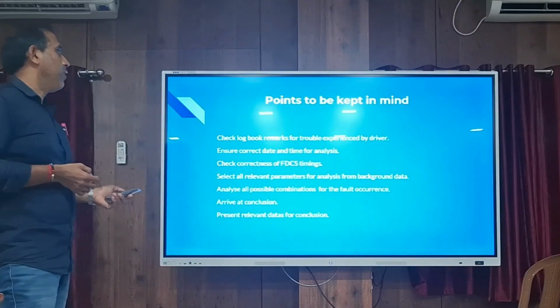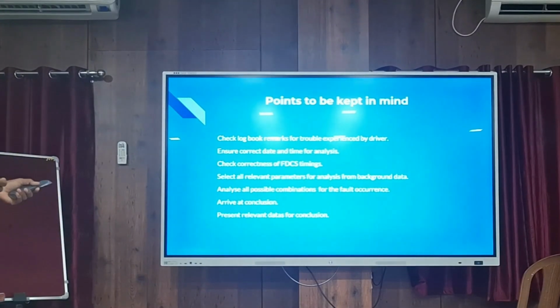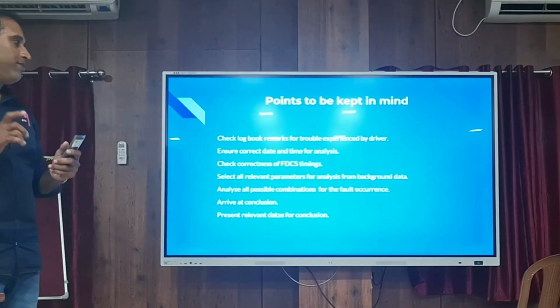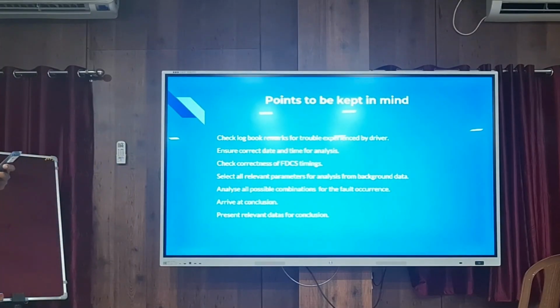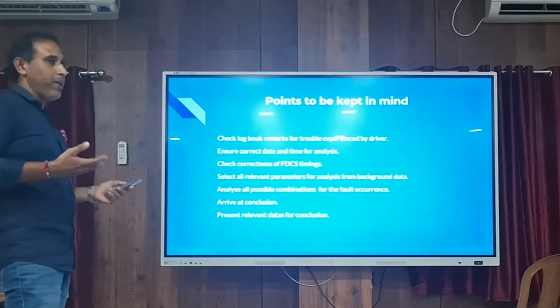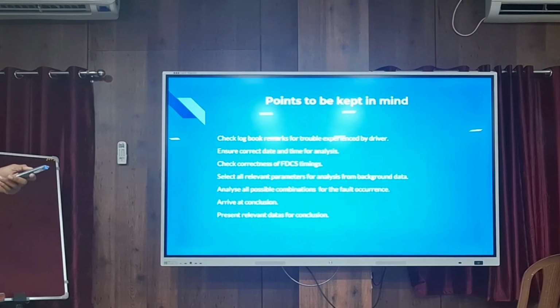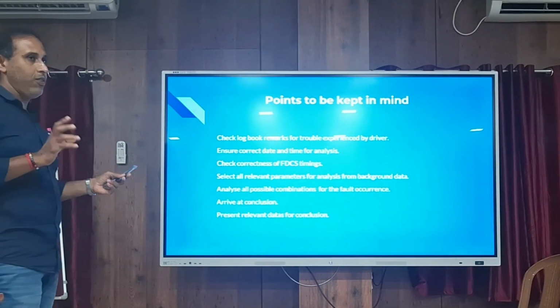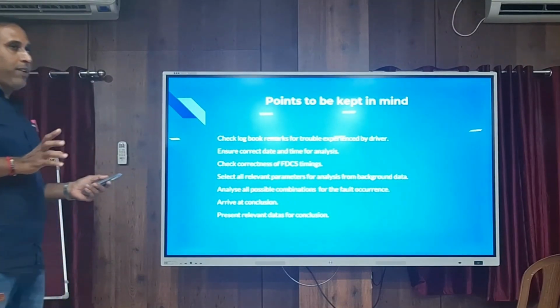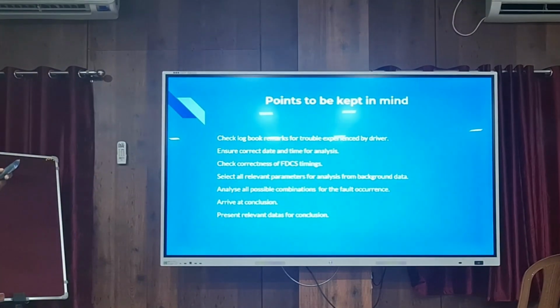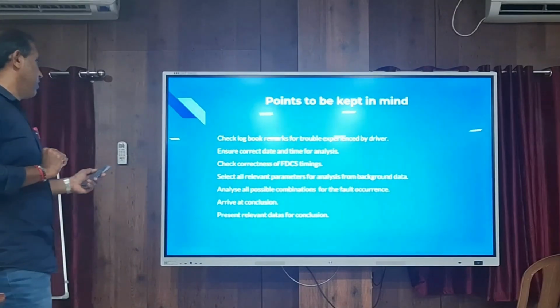So for each data analysis, these are the points you have to keep in mind. First we have to check the logbook, because of what fault the driver is experiencing. The driver is our primary input. What he is experiencing, we have to talk to him and get from the logbook. Because what he has experienced in line, we may not experience here, so his words should be given importance.